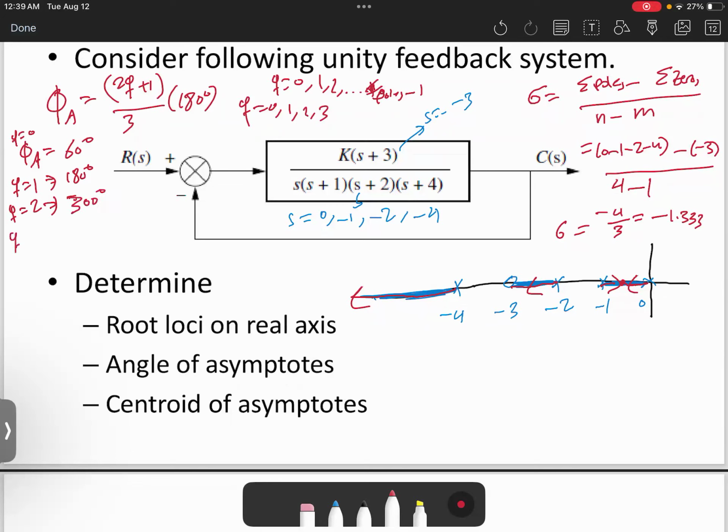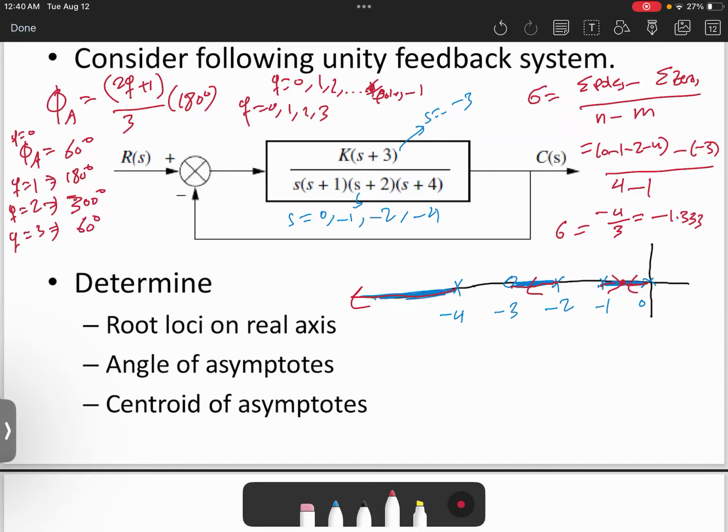Then if q equals 3, we will see that 3 times 2 will be 6, plus 1, 7. 7 times 180 divided by 3 yields another 60.